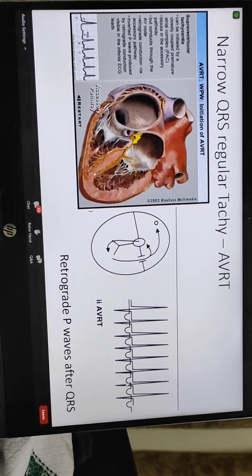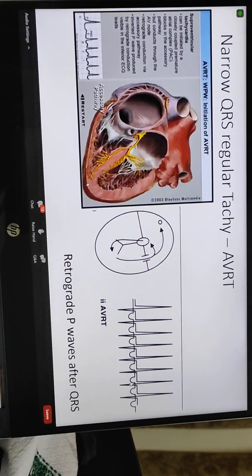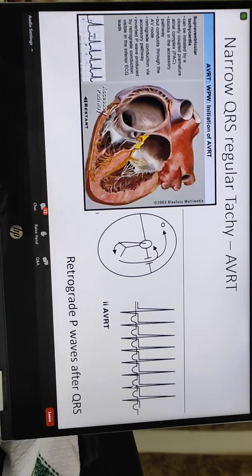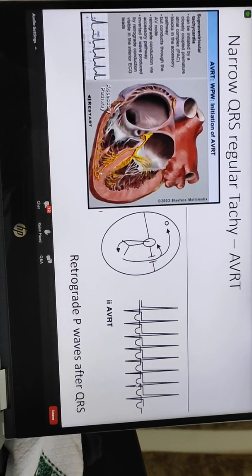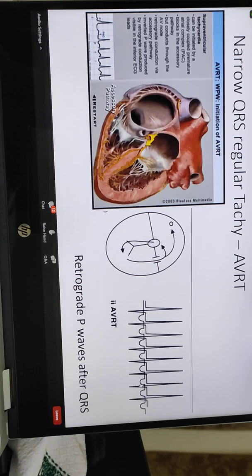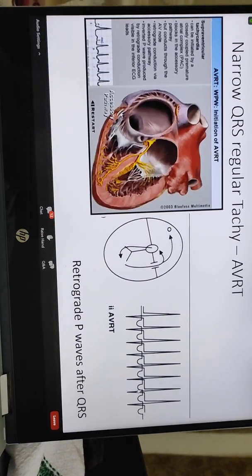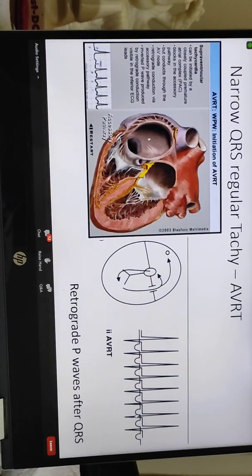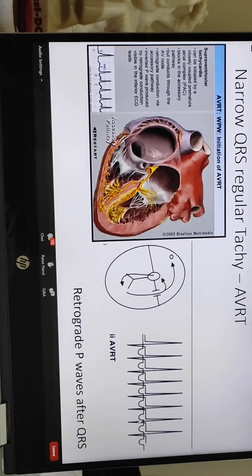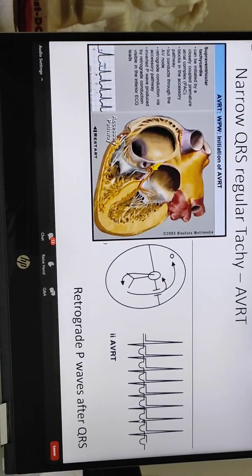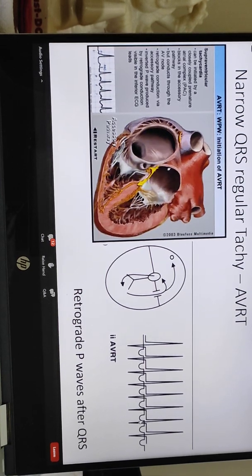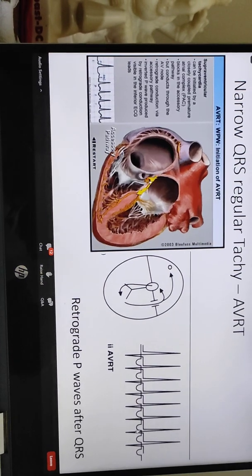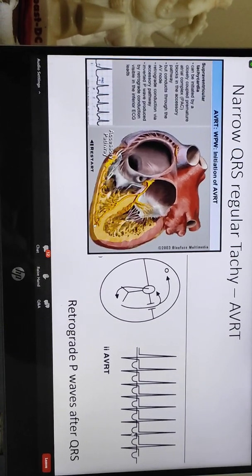So first the QRS will happen because of the antegrade conduction through the normal pathway. Then the retrograde atrial activation happens after the recording of the QRS complex. So in atrioventricular re-entrant tachycardia utilizing an accessory pathway, the retrograde atrial depolarization is a little delayed compared with the antegrade ventricular activation.